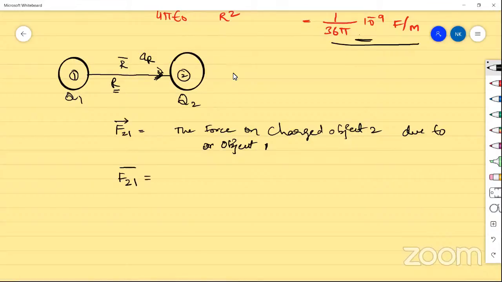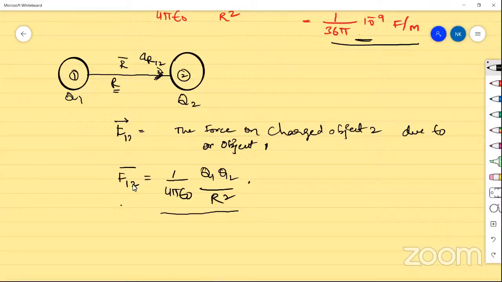Then F21 bar is equal to, definitely the magnitude. What is the magnitude? 1 by 4 pi epsilon naught Q1 Q2 by R square. How do you give the direction to it, from 1 to 2? AR can give the notation, the unit vector from 1 to 2, or you can give the notation AR12. The force on charged object 2 due to charged object 1.